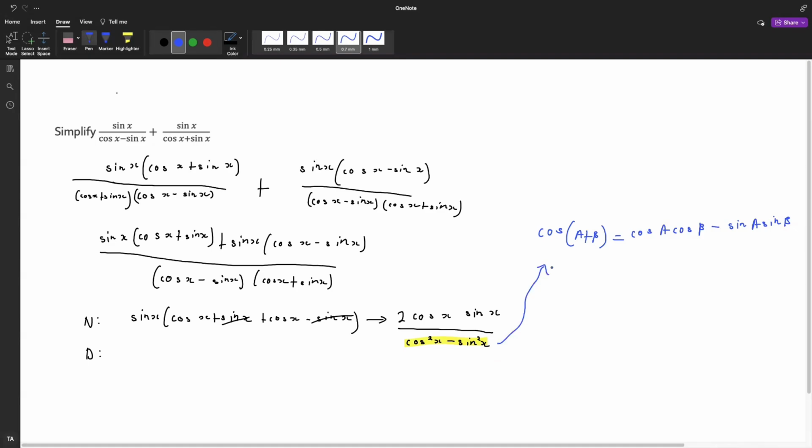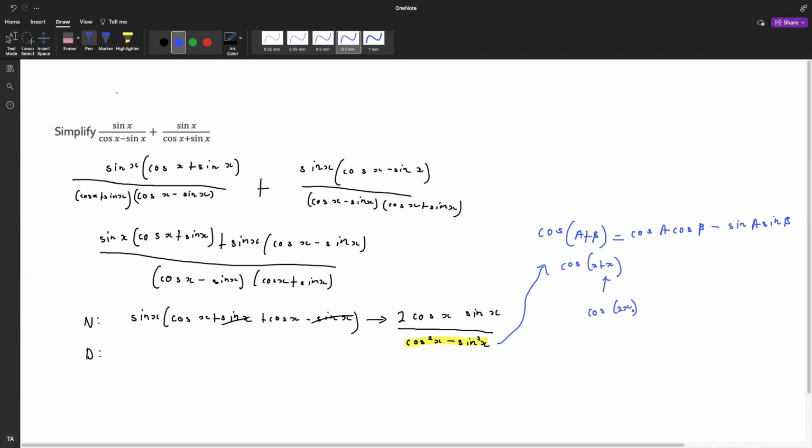Now, if you look closely, imagine that both of these values are just x here, right? So if you have just cos x plus x, which is, by the way, just cos 2x.